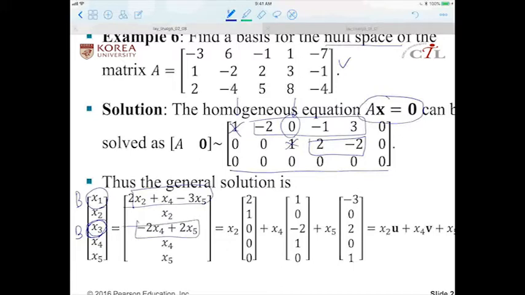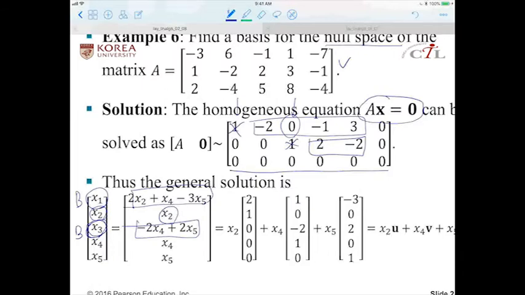And what about the free variable when forming this parametric vector form? We just represent it as itself, right? Because we have no additional representation for our free variable.